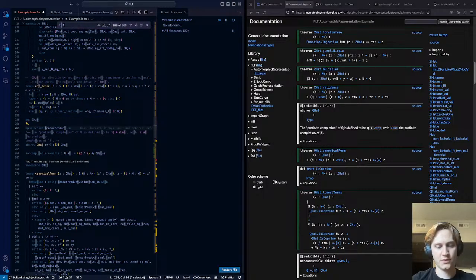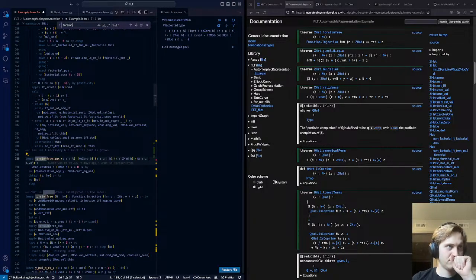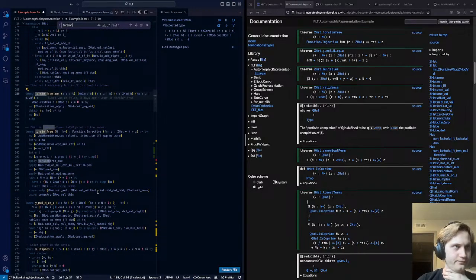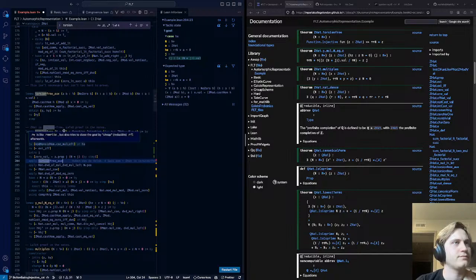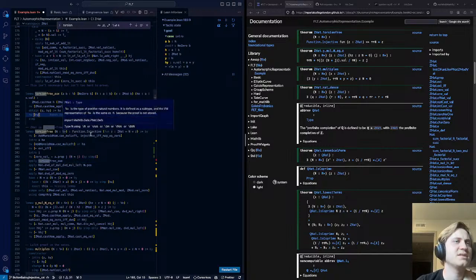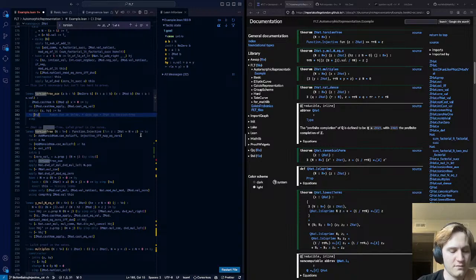So if I search for tor, then it's a positive natural, and the function which takes an element of Z hat and multiplies it by that natural is injective.